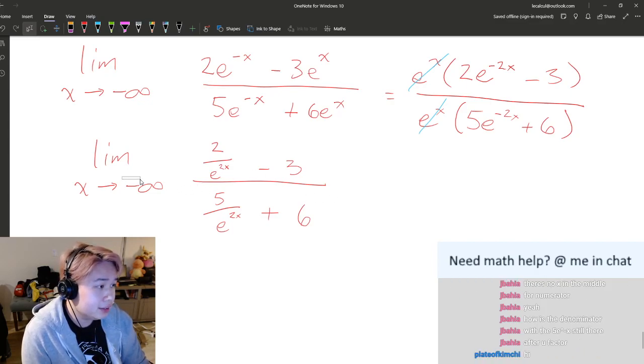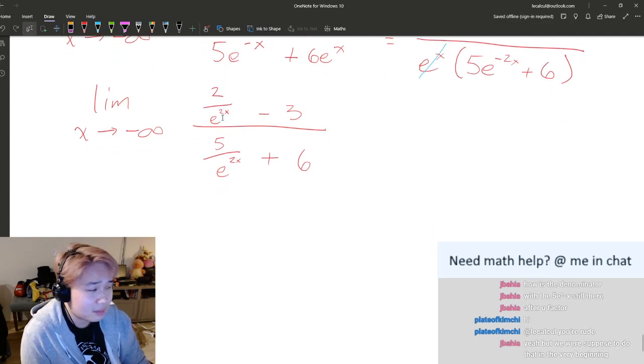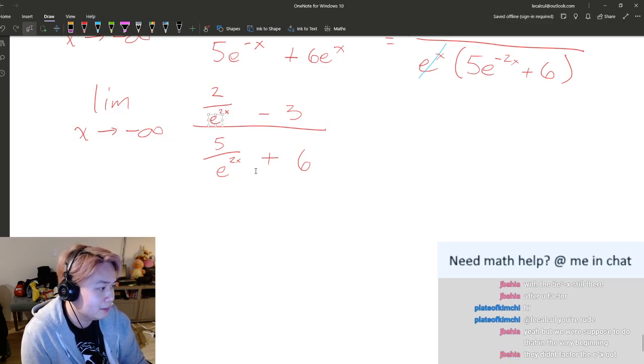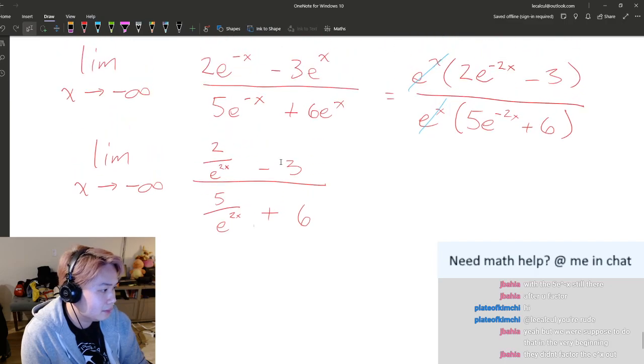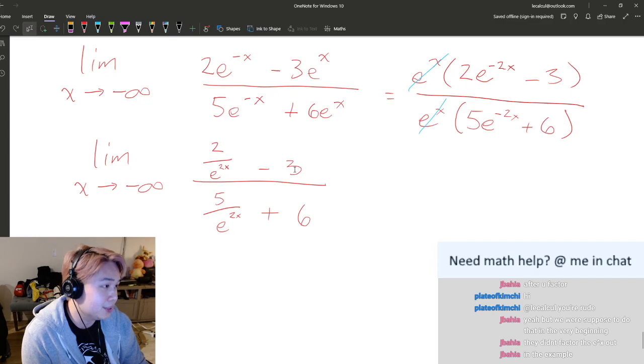If I were to take x and then it becomes negative, this is my channel, I can be rude if I want to be. Then what happens is that this exponent becomes negative because x is negative. So the whole thing flips back over again. They didn't factor the e to the x out, it's in the example. Okay.